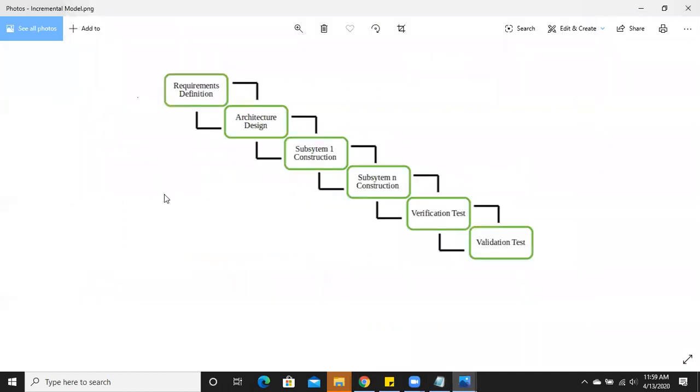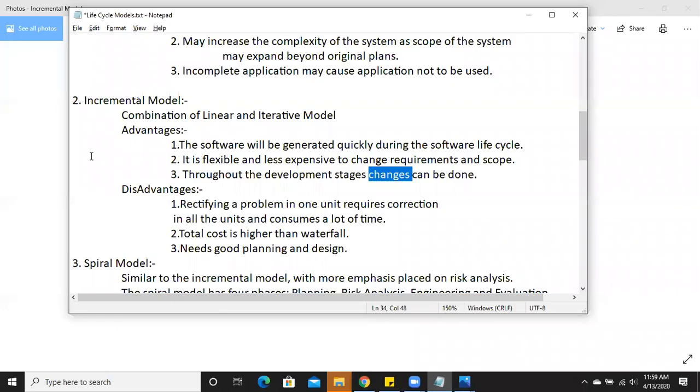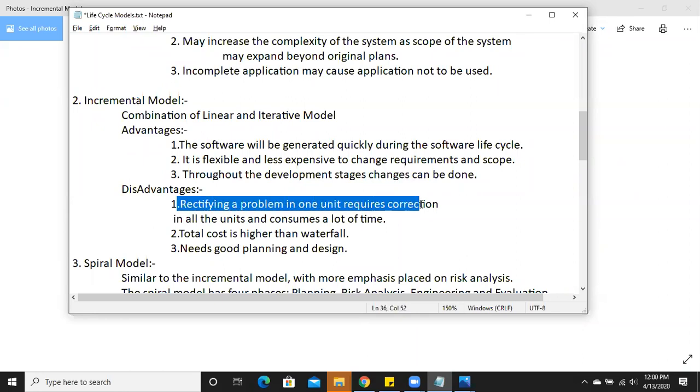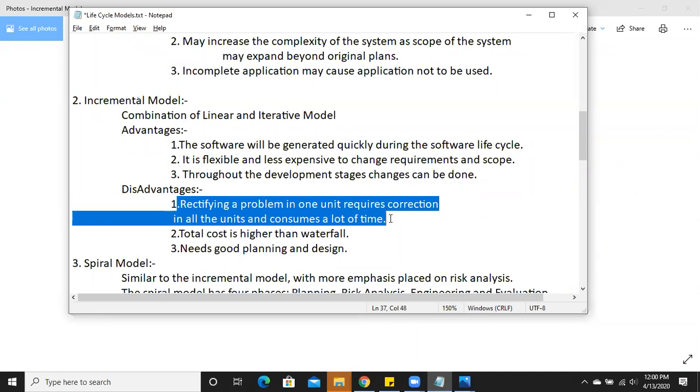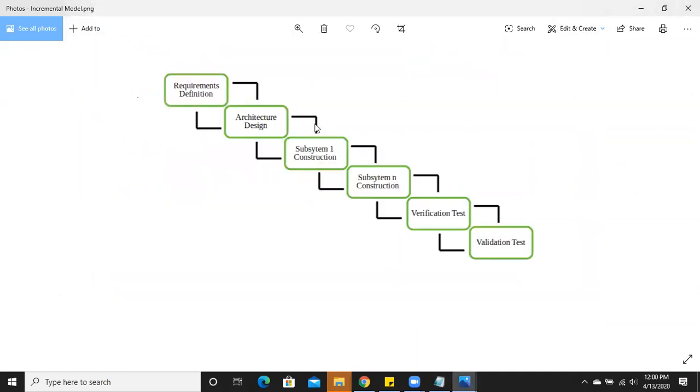Now what are the stages? These are the stages, right? Okay, so what are the disadvantages? Rectifying a problem in one unit requires correction in all the units and consumes a lot of time. So this is basically the disadvantage. If I'm in the testing phase and there are any changes in my project, then if the changes are critical, he will transfer my project again to the designers.